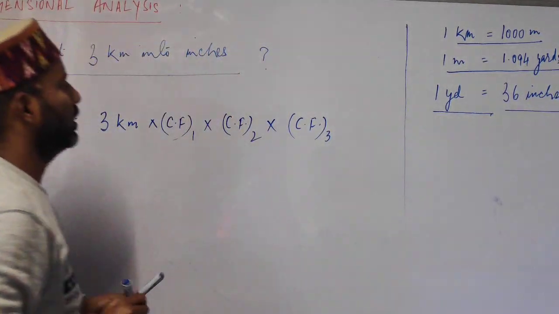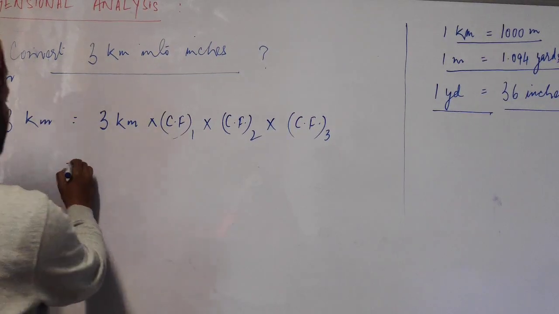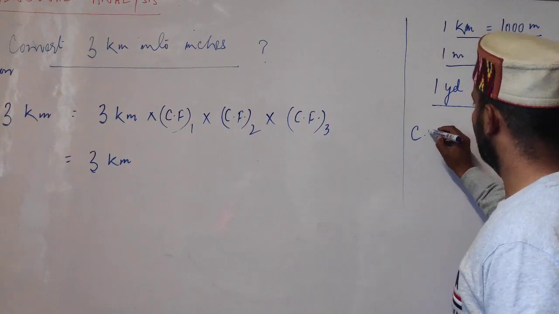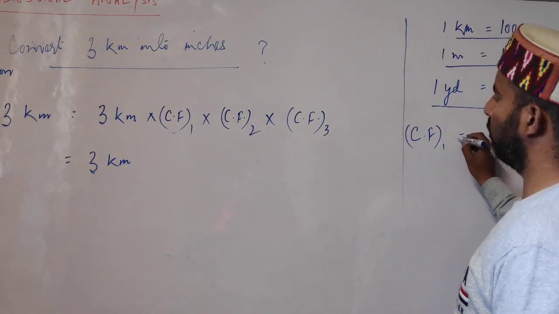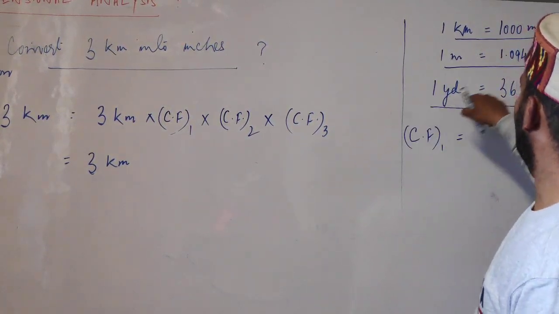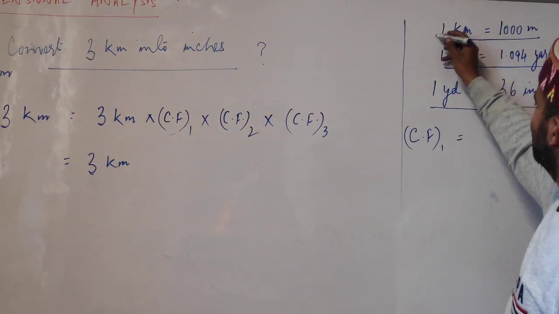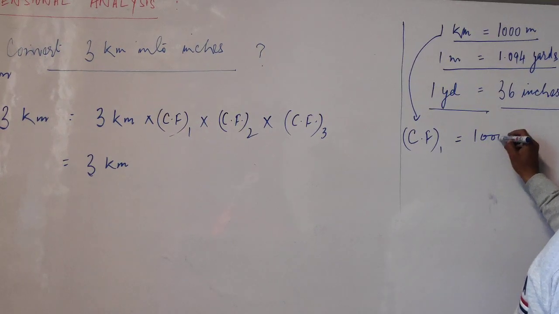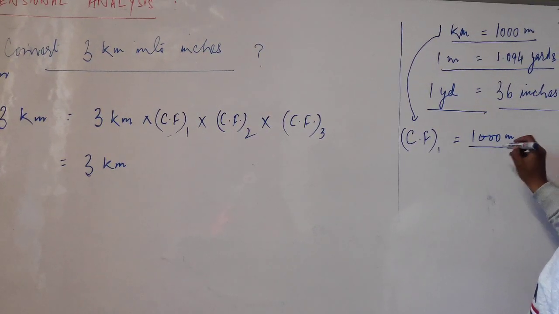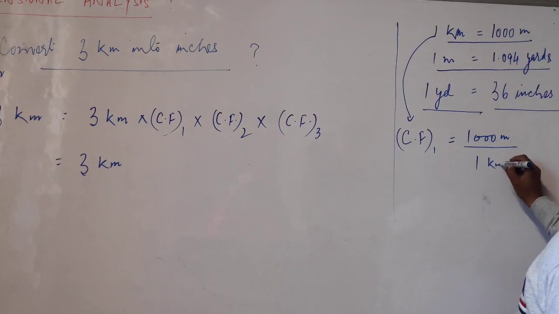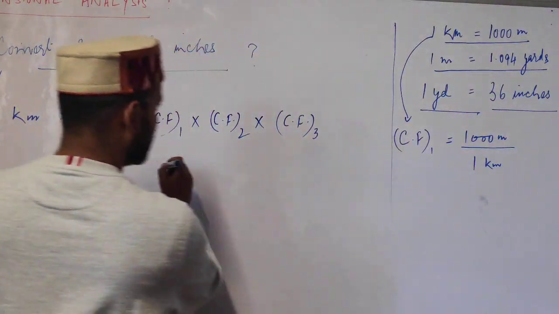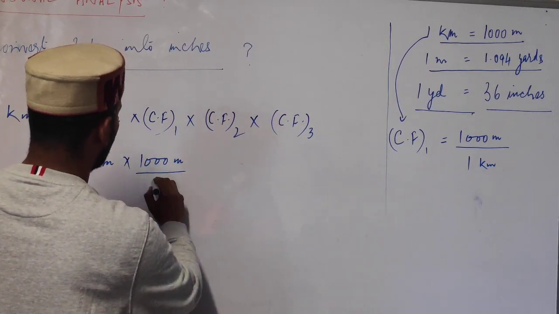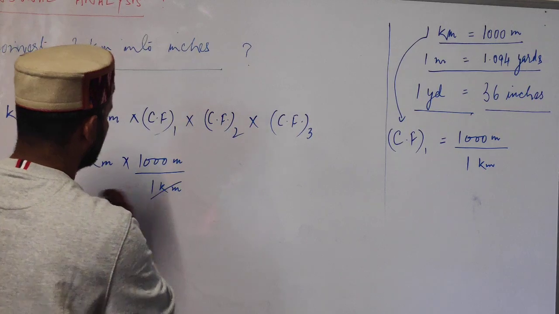Now students, so we have 3 kilometer. Now what will be the first unit factor? See, we require meters first, so using this we can write the unit factor 1000 meter upon 1 kilometer. So see, now this is 1000 meter upon 1 kilometer, and see, this cancels.